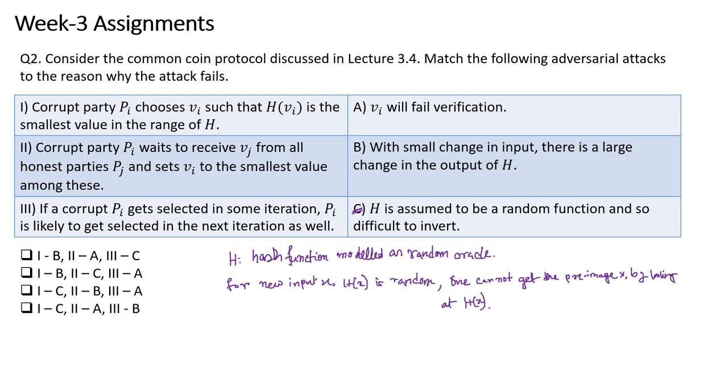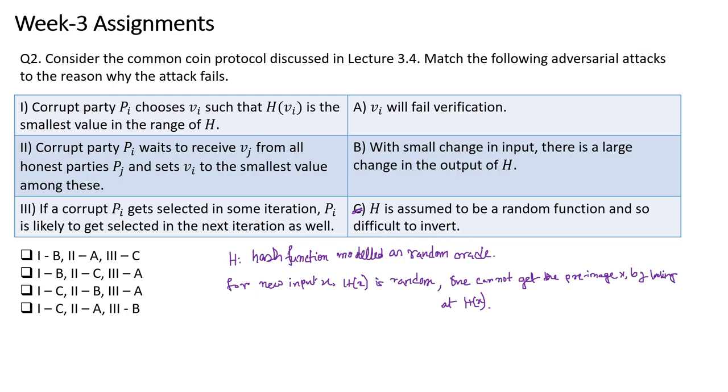If one party wants to replace its own vi with the content of some other party's vj, then it must fail the verification, right? So this strategy will not work. So 2 corresponds to A.